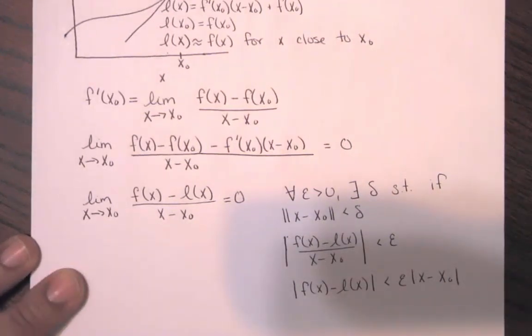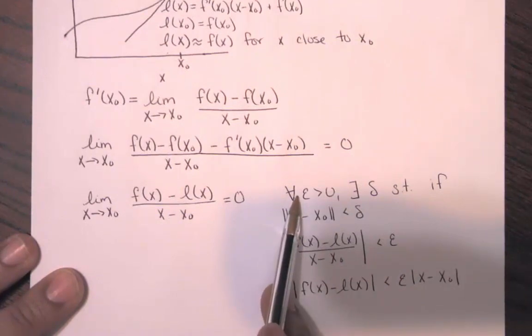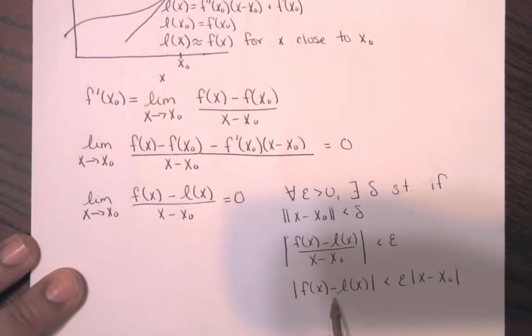Okay, so for any epsilon I choose, I can guarantee that the difference between my function and my tangent line is less than epsilon times the difference of x minus x naught, so long as x and x naught are sufficiently close together, specifically less than delta.